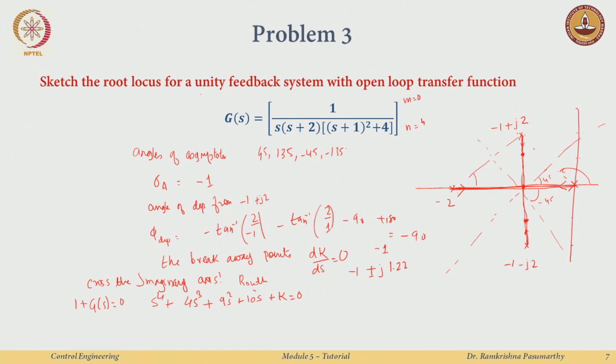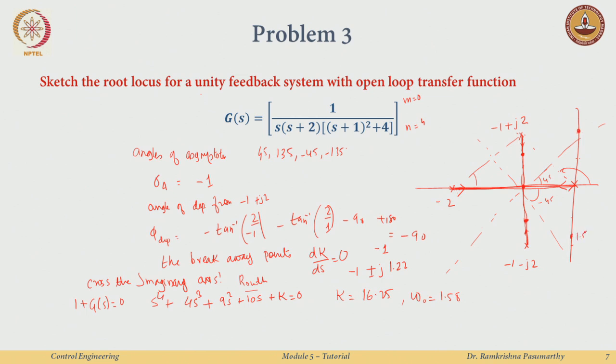And I do again the Routh table, and what it gives me is that there is again k at 16.25. I will skip all the details, by now you should be experts in computing these, and also omega naught of 1.58. So, they cross the imaginary axis at this point.